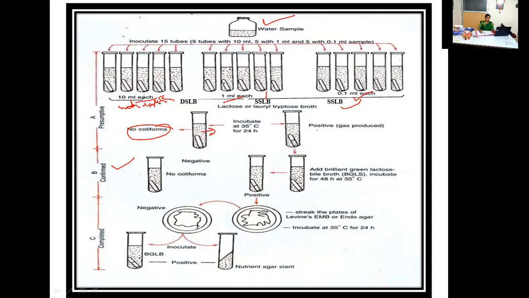Whereas if there is a color change and gas production, you can see the gas in the Durham's tube, and this will be the positive result. The positive test tube will be further subjected to the confirmed test. Negative means we are not going to continue.